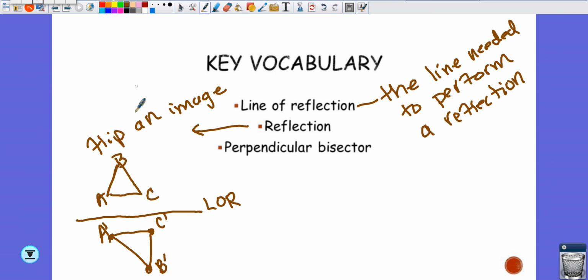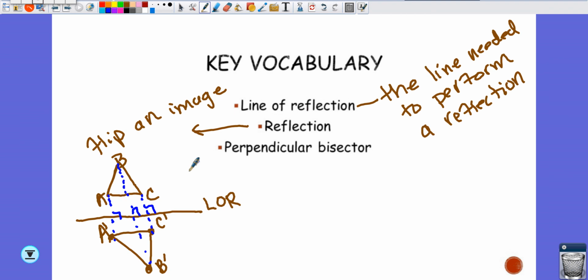When I make that line of reflection, the path, and I'm going to put it in blue, the path that the B took to get to the B prime, and the path that the A took to get to the A prime, and the path that the C took to get to the C prime is going to always be perpendicular to the line of reflection. That's very important information that you need to know.